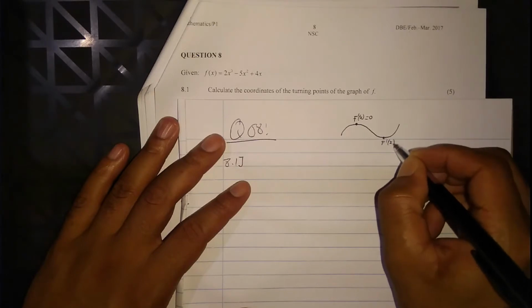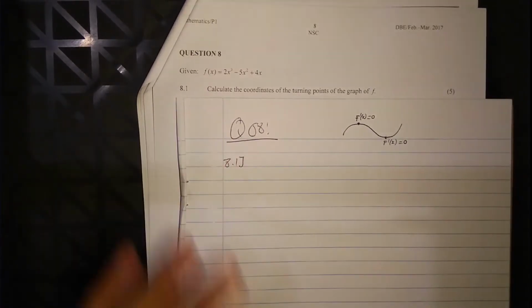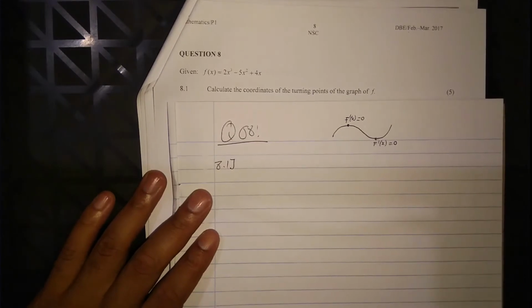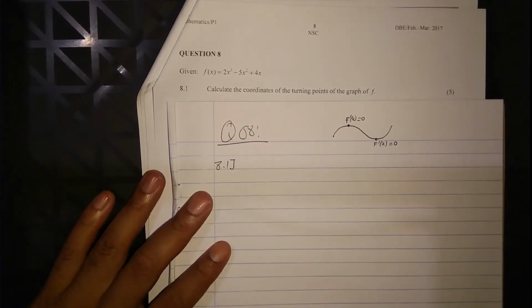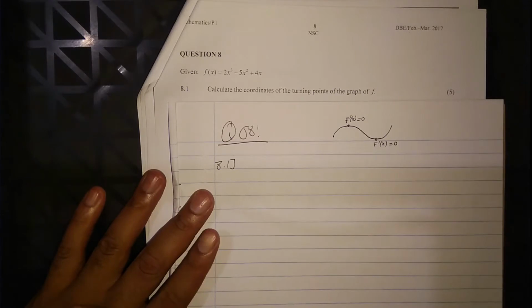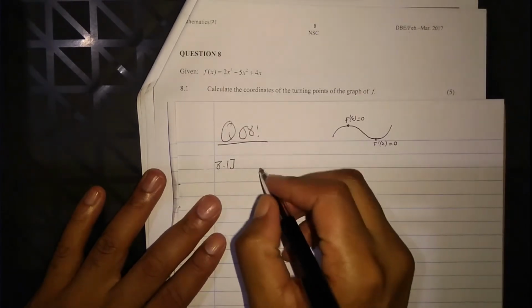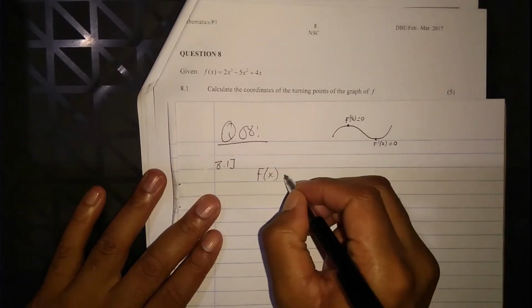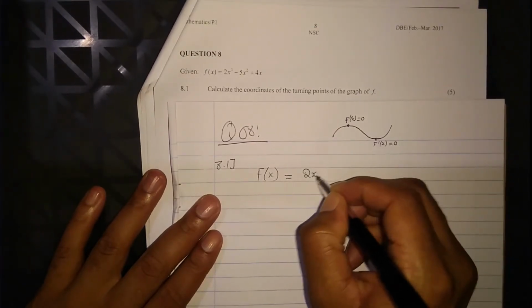So I need to find the first derivative and equate it to 0. Then I get my x values, those are my x coordinates for my turning points. Then after finding the x coordinates, I substitute into the original equation so that I find the y values.